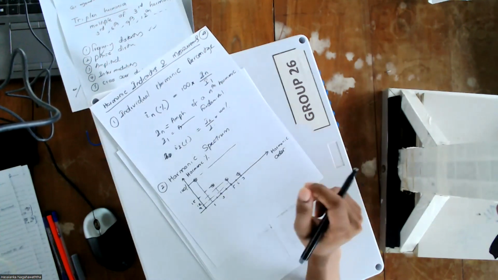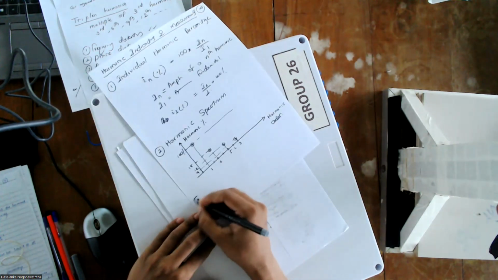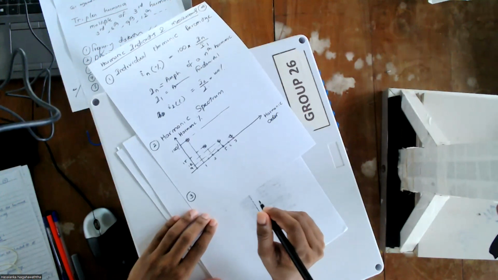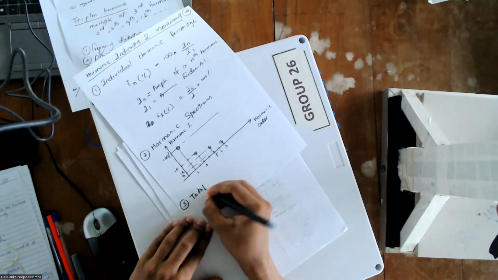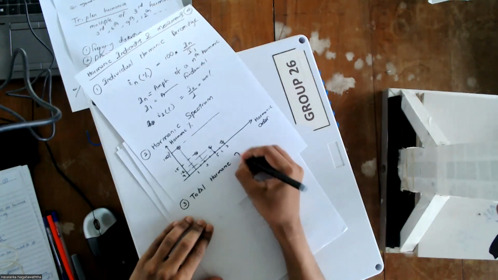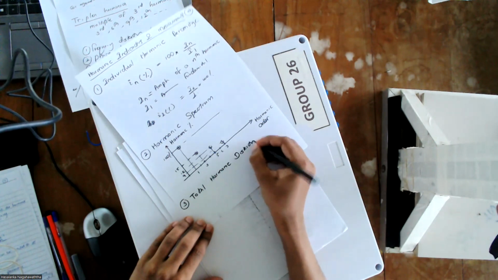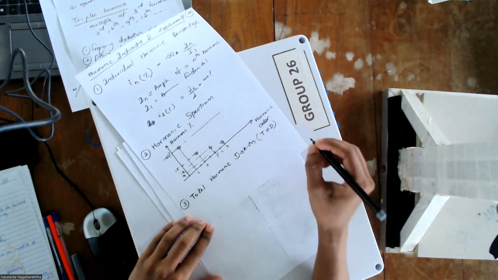Then the third indicator is total harmonic distortion, or THD.